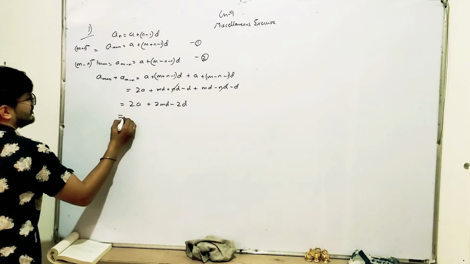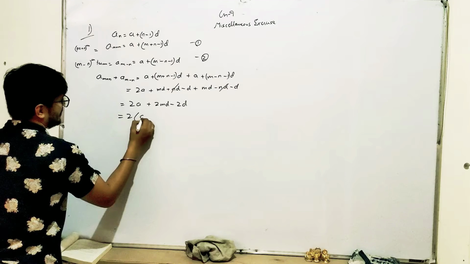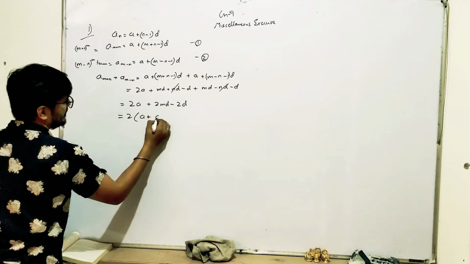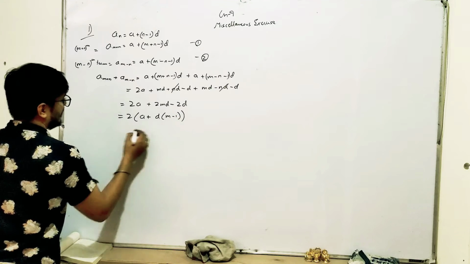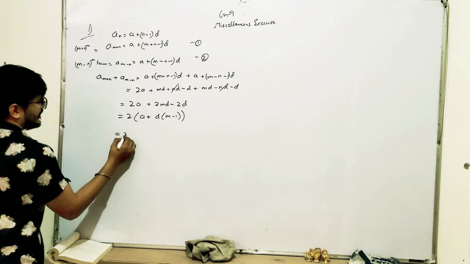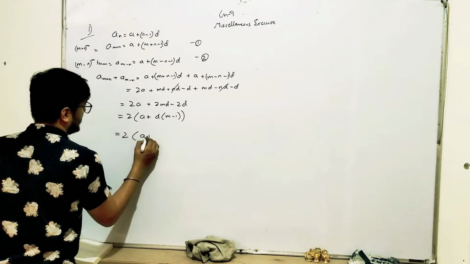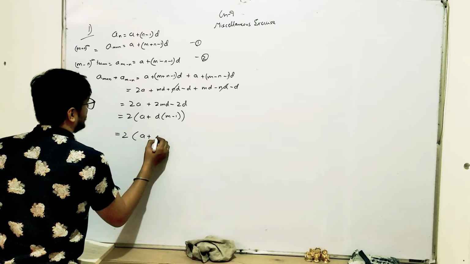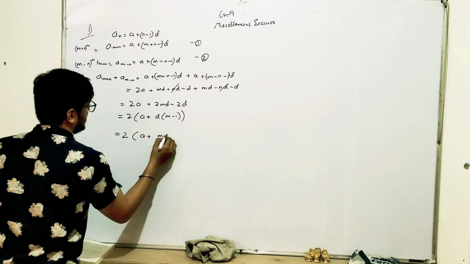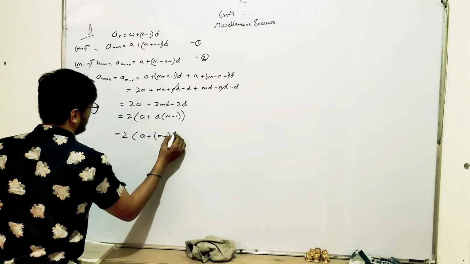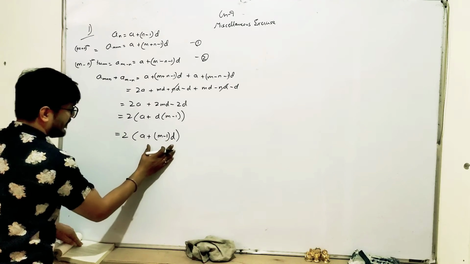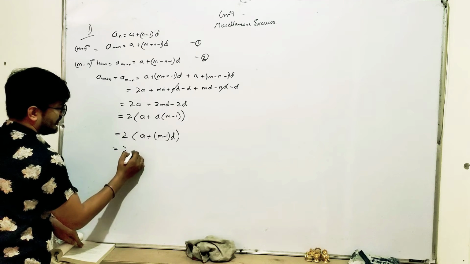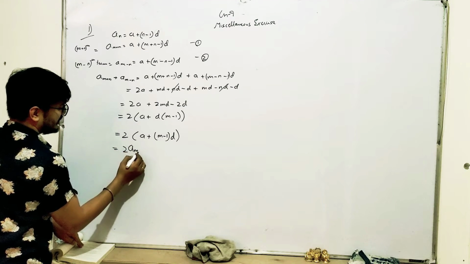So which is equal to, taking 2 common, 2 times a plus, taking d common, m minus 1 d, right? Which is what? This is the mth term, because 2 a_m it is, right?